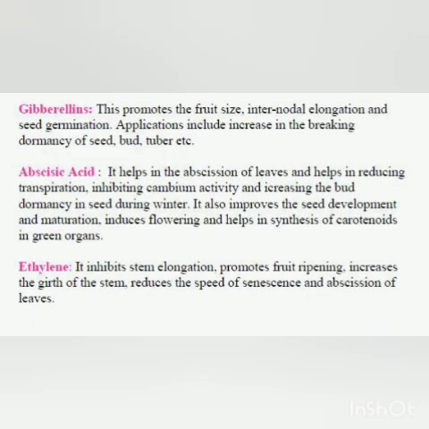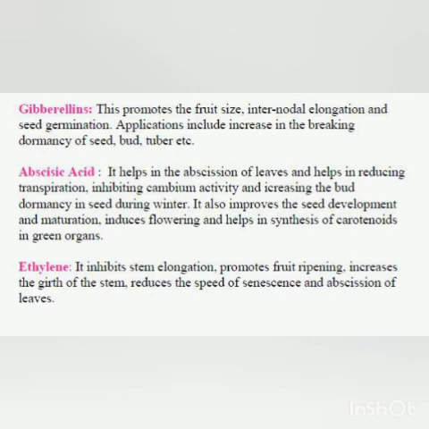Gibberellins, which are also phytohormones, promote fruit size, internodal elongation, and seed germination. If this gibberellin is there, the seed will germinate fast. Applications include breaking dormancy of seed and bud.